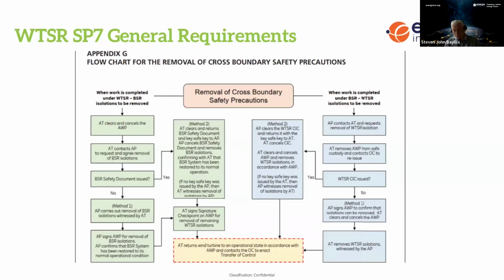So I'll just briefly go through them again for the removal. When work is completed under the boundary safety rules, WTSR isolations are to be removed. In this case, the AP contacts the AT and requests removal of the WTSR isolations.